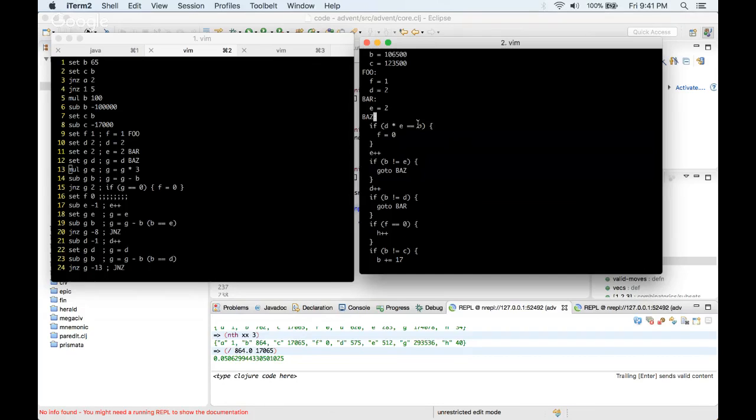So if this loop here sets every value of E, then I think the question is how many numbers, how many divisors does B have that are greater than 2?